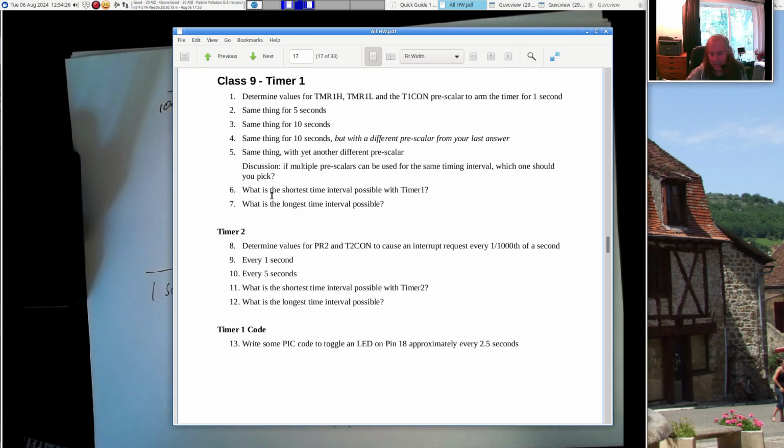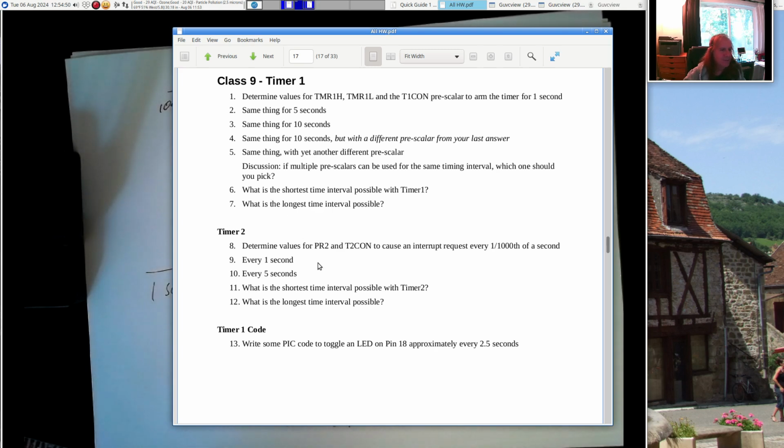So if we want to count up 100,000 instruction cycles, well, if we do a 1 to 2 pre-scaler, 100,000 instruction cycles would correspond to 50,000 increments. And if we have a 16-bit register, then we just initialize it to 65,536 minus 50,000.